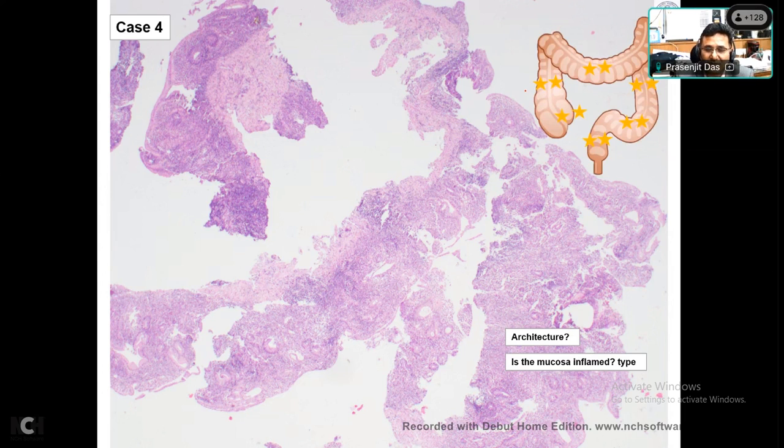Another thing I want to tell you in low power: see in this, how many fragments you can identify? Six fragments. Almost 5-6 fragments. Yes, sir. So what I did not tell till now, you have to also see if the features of chronicity and the inflammatory features are evenly distributed across all the fragments or not. Because please remember, whenever a gastroenterologist or endoscopist takes biopsies, they don't take all these biopsy fragments from one site.